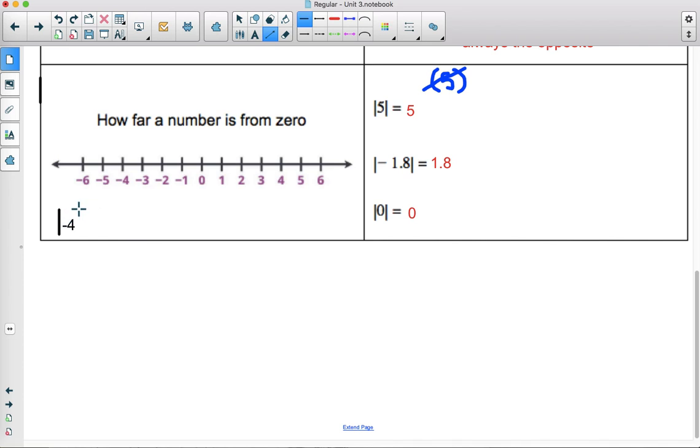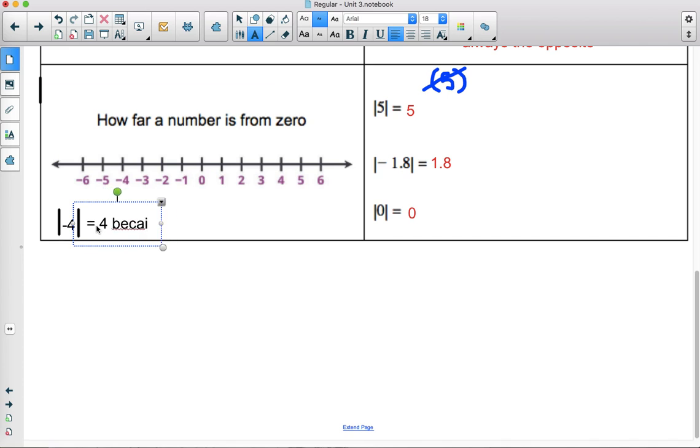Thanks for being patient. Okay, so if I have the absolute value of -4, we have to figure out what is the absolute value of -4. Well, this is going to equal +4 because it is 4 spaces away from 0.